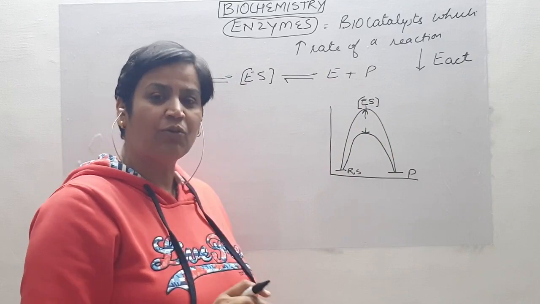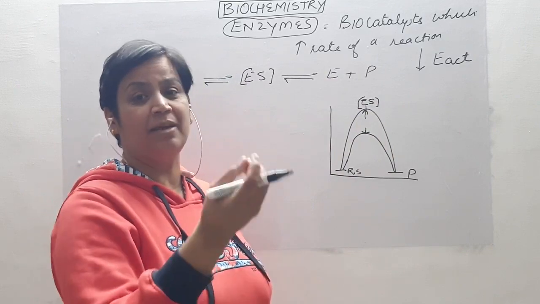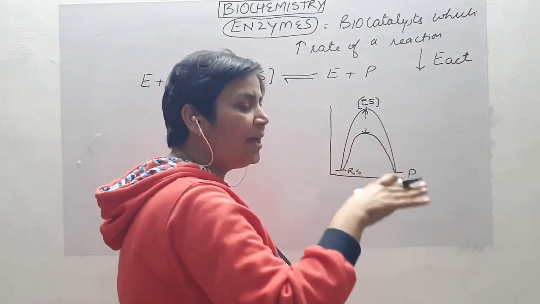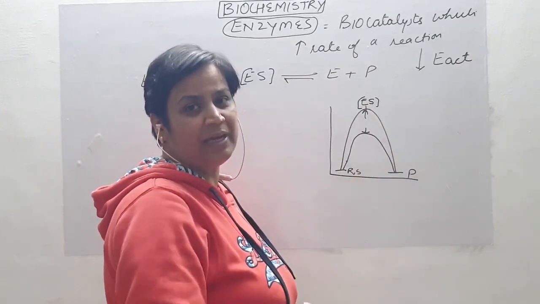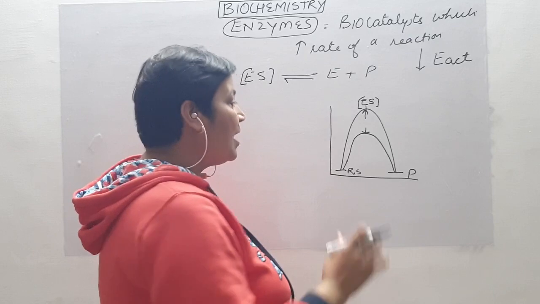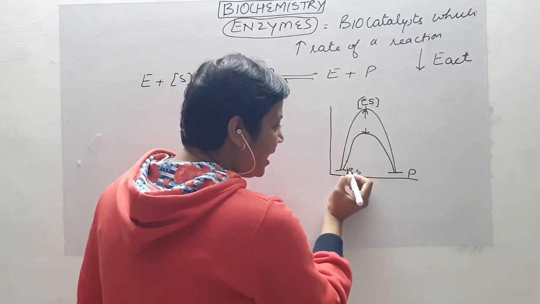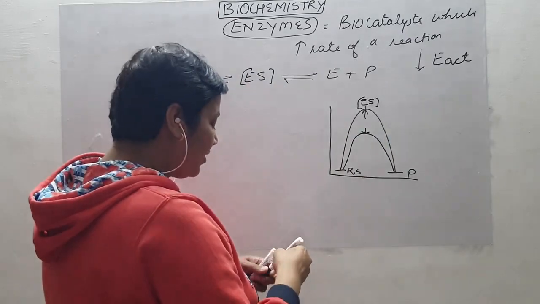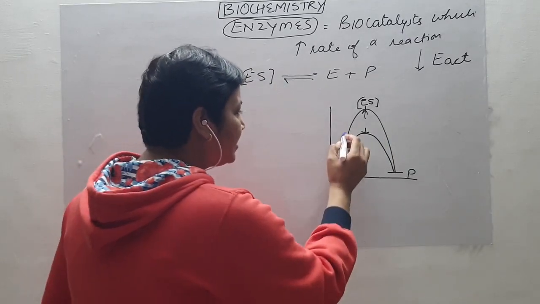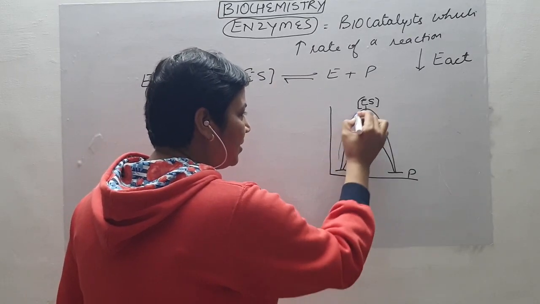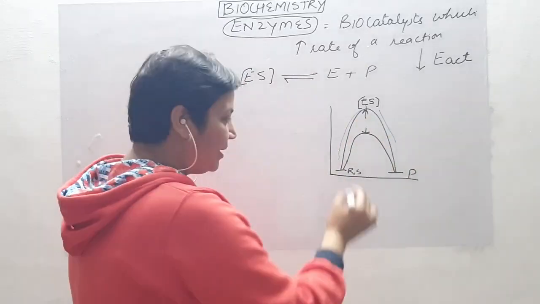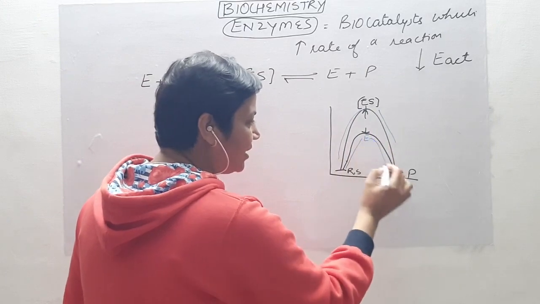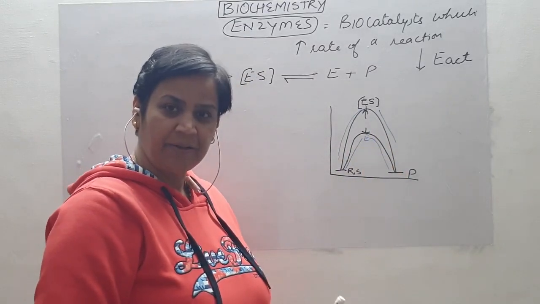If a reaction was occurring without an enzyme in about 1 minute, in the presence of enzyme that time will be decreased. And how? Because they are lowering the activation energy. In the first one the reactants have to climb this much to be converted to product, but in the second reaction, in the presence of the enzyme, it has to climb only this much to be converted to product.